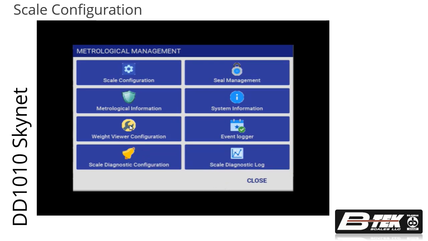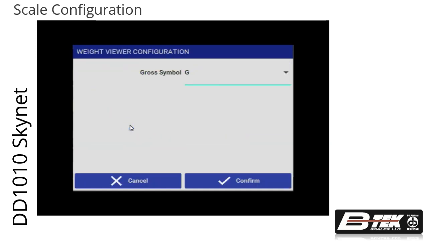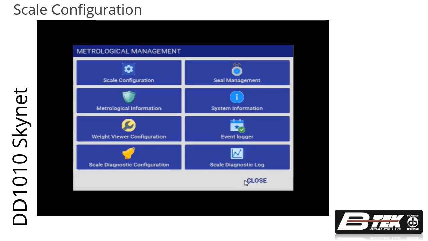Next, click on the weight viewer configuration. Make sure that your gross symbol is showing G. B is used in Europe. Next, let's click on Scale Configuration.